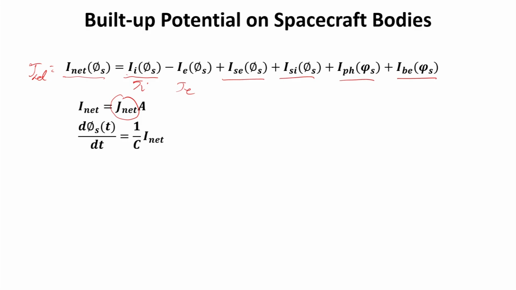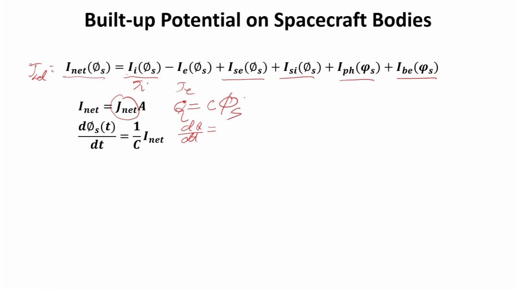Once I get that, I can write it in terms of the charge. Charge and potential are related: if Q is the charge, then Q is related to C times phi s.